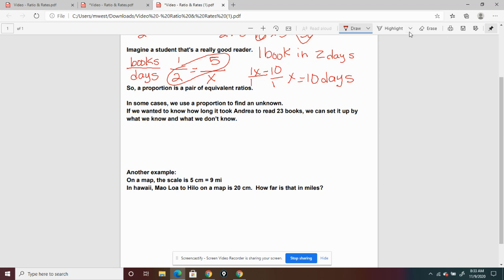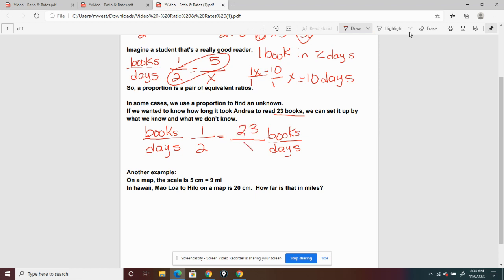So if we set it up, we've got books over days. And we know that she can read one book in 2 days. We'll use that twin thing that I like. And we want to know how long it takes Andrea to read 23 books. So books is key here, you're going to put 23 on top.